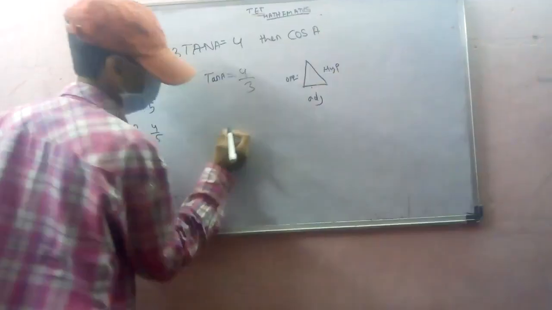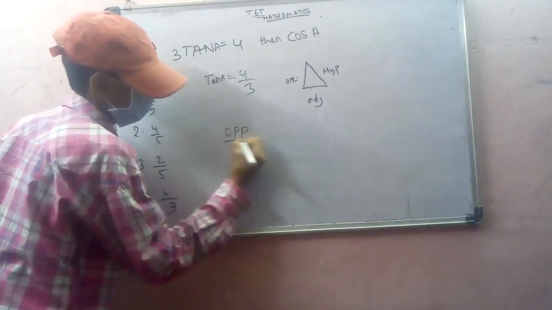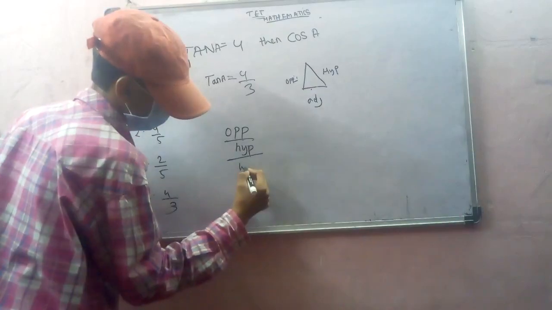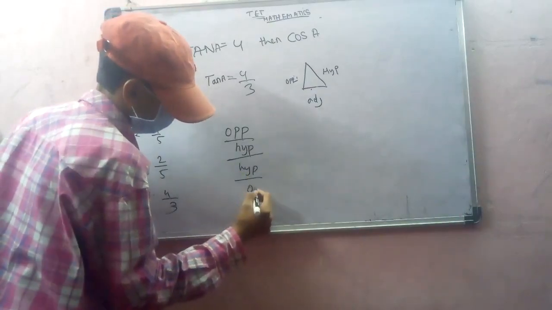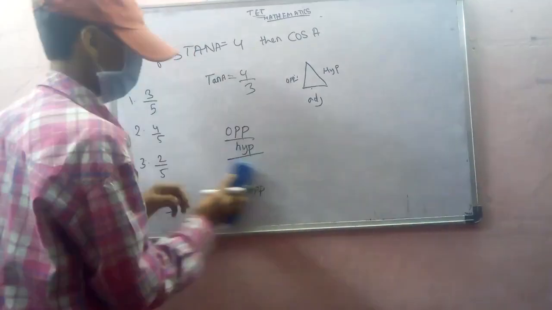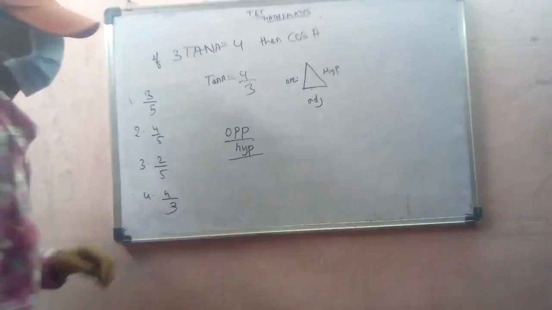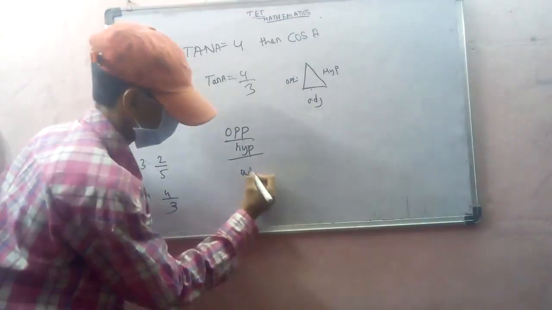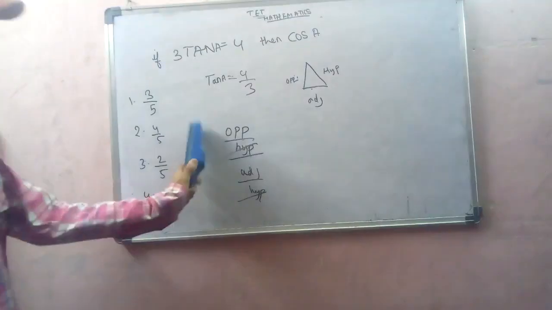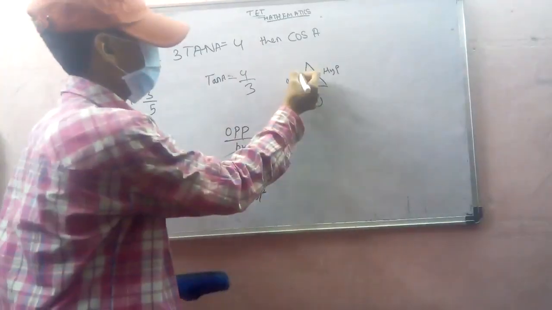Sin theta is opposite side by hypotenuse. Cos theta is how much? Cos theta, tell me. Adjacent side by hypotenuse. Opposite by adjacent, that's why here 4, here 3.